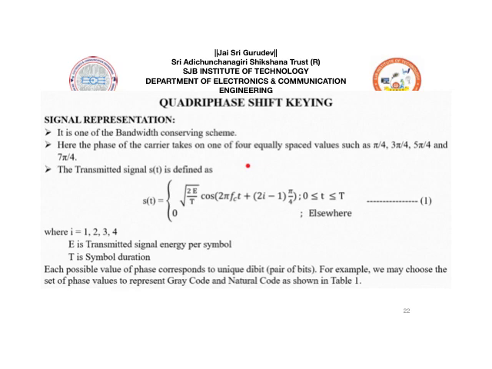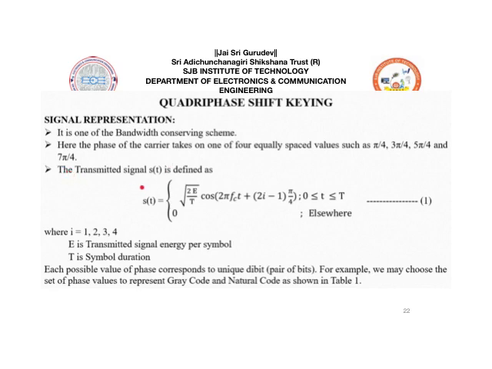Each symbol will be having two binary bits, represented as 00, 01, 10 and 11. For each symbol, the phase of the carrier is represented as one of four equally spaced values such as pi by 4, 3 pi by 4, 5 pi by 4 and 7 pi by 4.